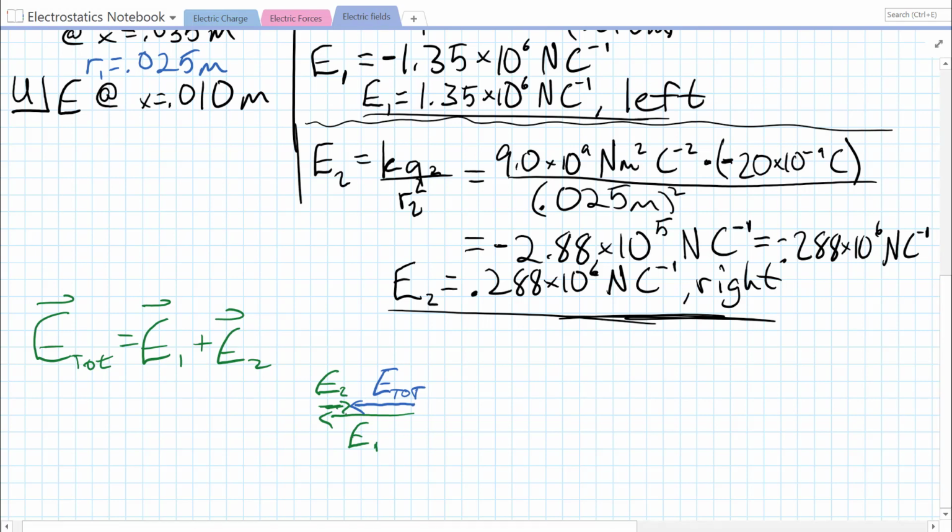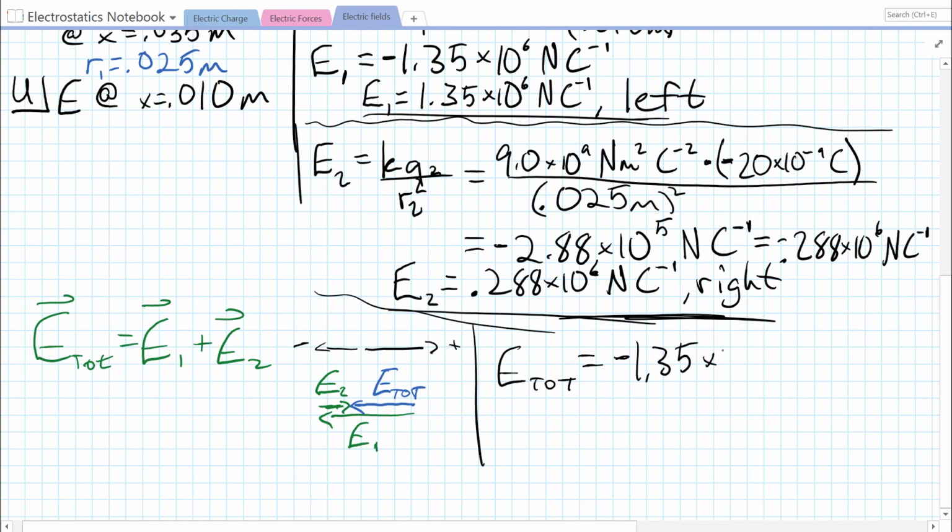Mathematically, we can treat left and right like positive or negative, but we have to be explicit about assigning a direction. I'm going to just assign right to be positive and left to be negative. Then when we add these vectors, E total is going to be equal to E1, which is to the left, so it's going to be negative 1.35 times 10 to the 6 newtons per coulomb. And that negative sign indicates left.